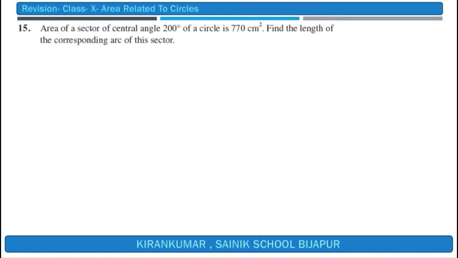Question number 15. Area of a sector of a central angle 200 degree of a circle is 770 centimeter square. Find the length of the corresponding arc. So the length of the corresponding arc is to be found; theta is given as 200 degree and the area is given as 770 centimeter square.